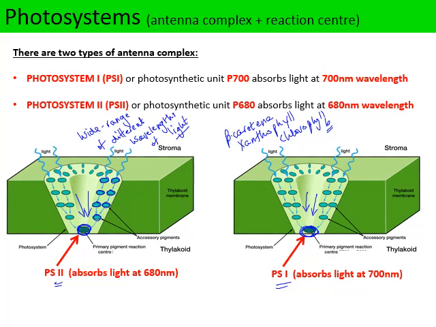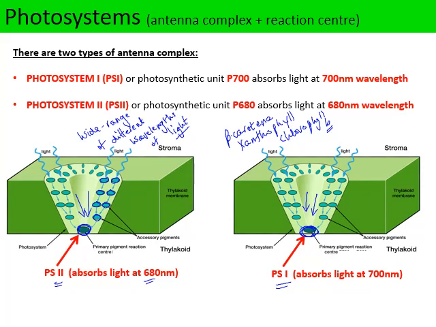Now, we know chlorophyll A absorbs in the blue and the red end of the visible spectrum. So not only does it receive excitation energy from the accessory pigments, the two chlorophyll A in the reaction center can also absorb red and blue light. Now, the chlorophyll A in PS2 absorbs the red end of the spectrum at 680 nanometers.